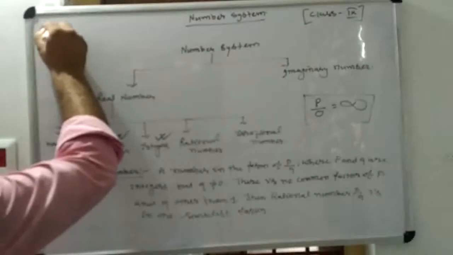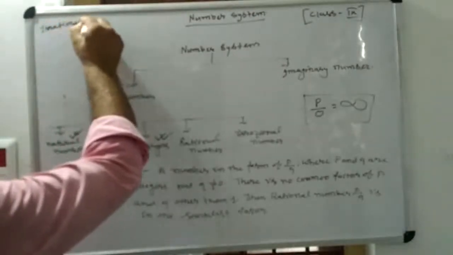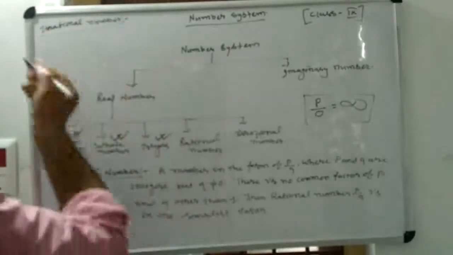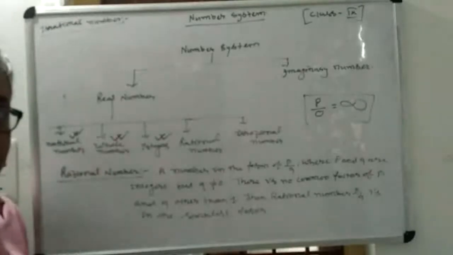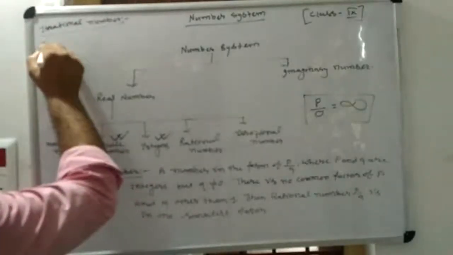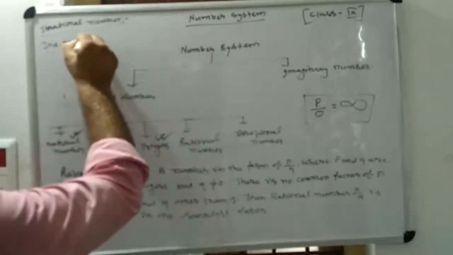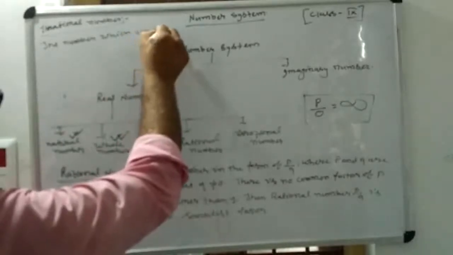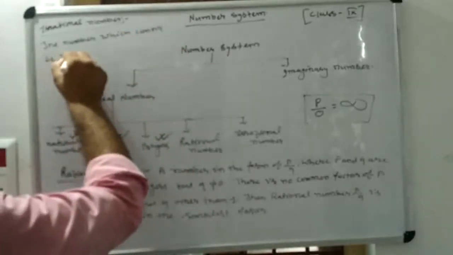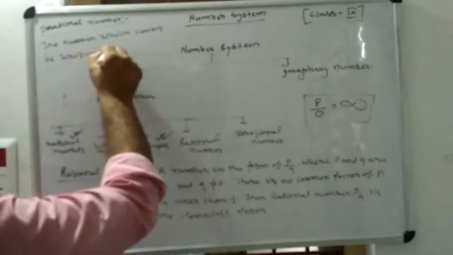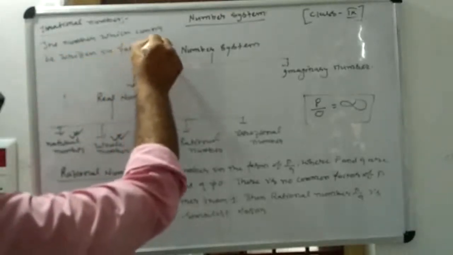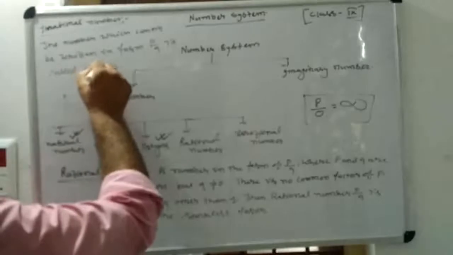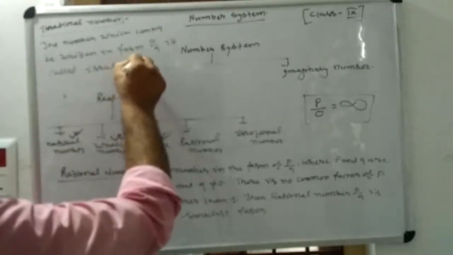Simply, the number which cannot be written in the form of p by q is known as an irrational number.